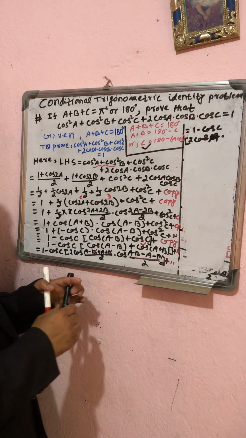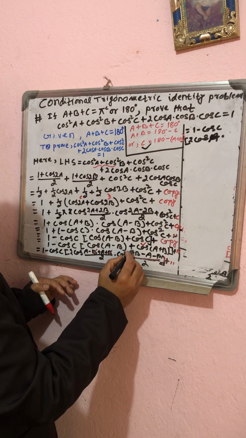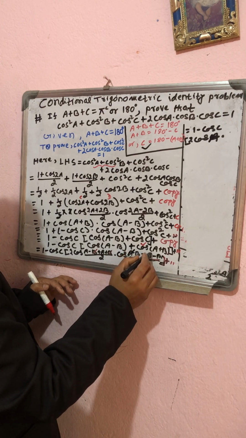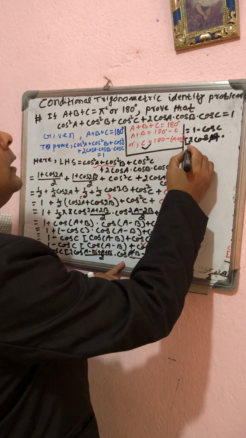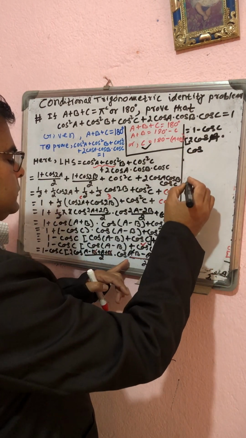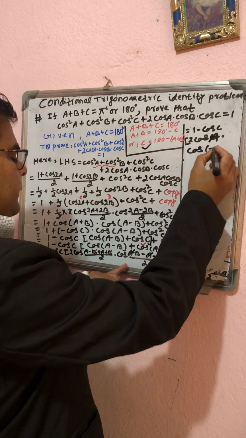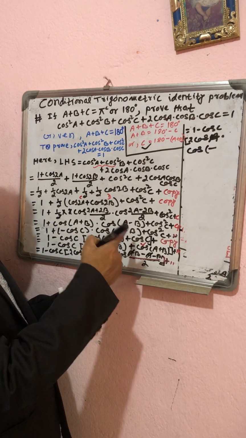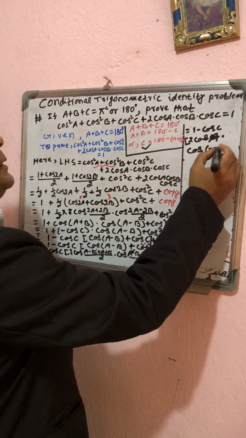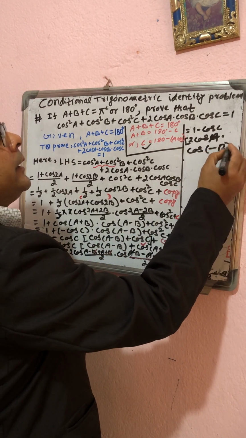In the other term, positive A and negative A got cancelled out, so you are left with cos of negative 2B, but the 2 in the denominator cancels the 2 in the numerator, so it will be cos of negative B only.